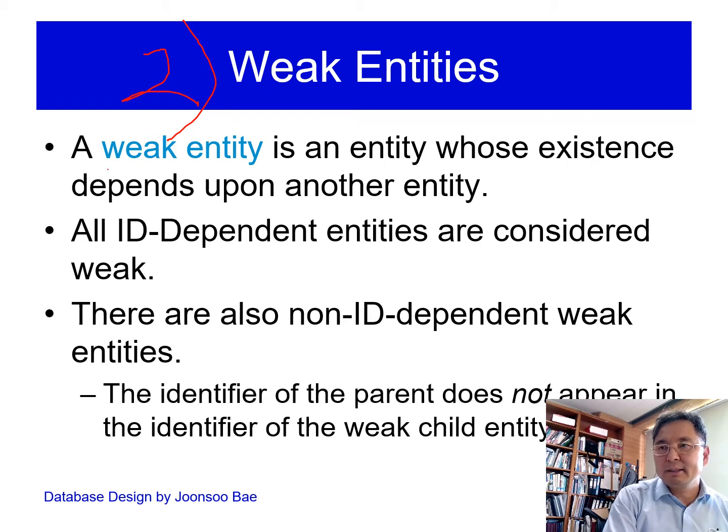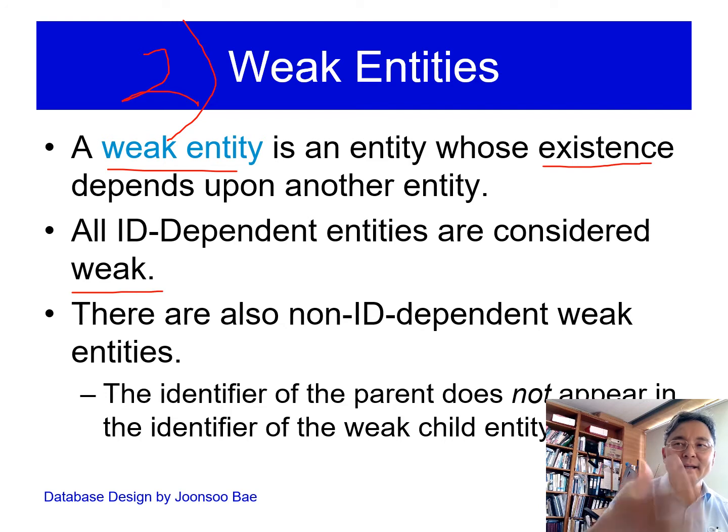This weak entity's existence depends on the other entities. So every ID dependent entity, the first entity type, is also considered weak. Yes, every ID dependent entity is also called a weak entity.